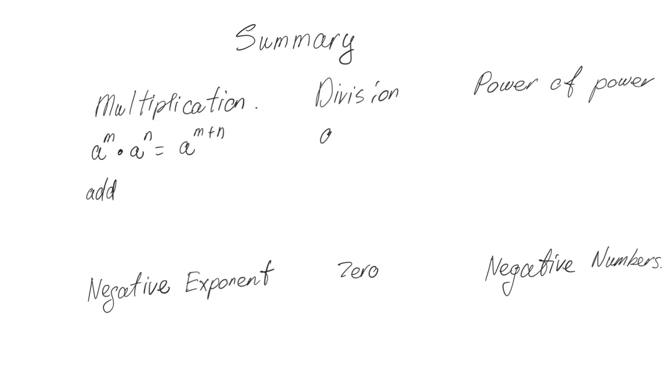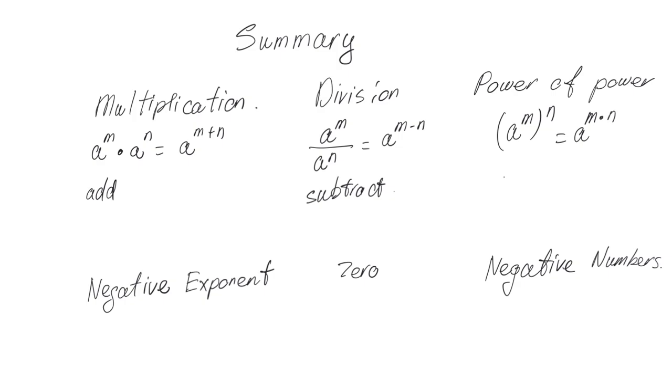For division, what are we doing? We are subtracting. Okay, so for power of a power, we are multiplying the exponents.